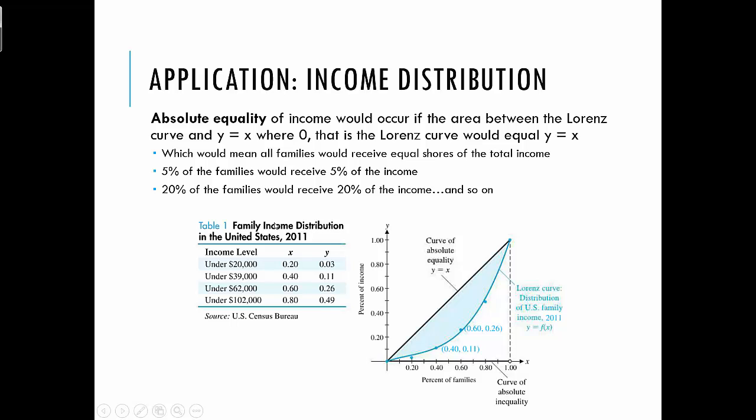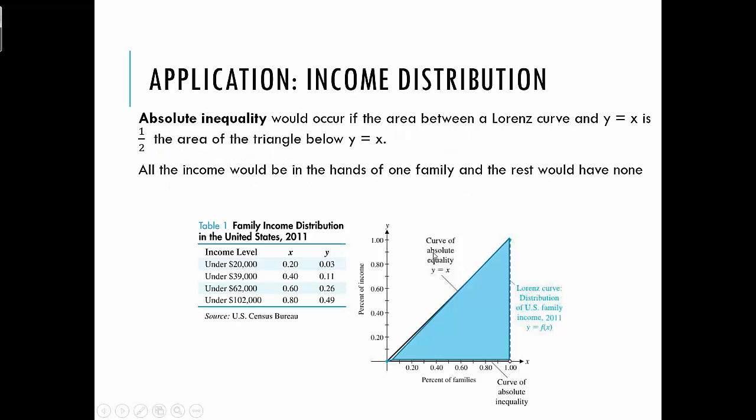And absolute equality of income would occur if the area between the Lorenz curve and y equals x, this line, equaled 0. So in other words, there wouldn't be any difference in the distribution of income. Absolute inequality would occur if the area between the Lorenz curve and y equals x is the area of the triangle.